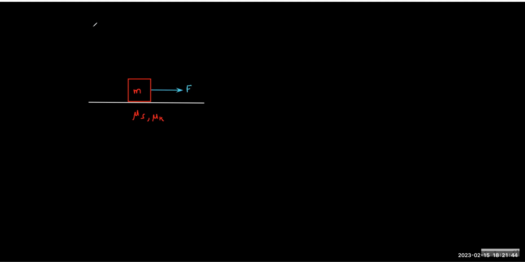The question is, what minimum horizontal force is required to move the block?